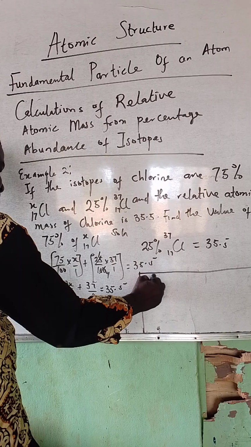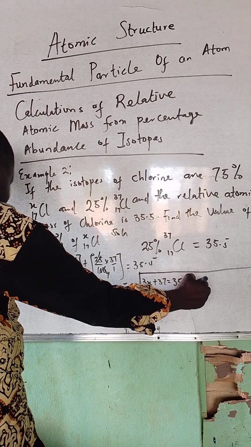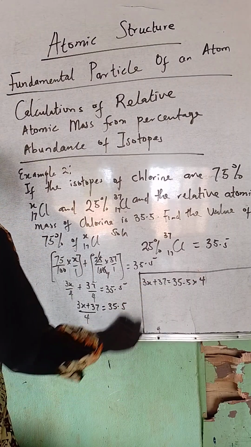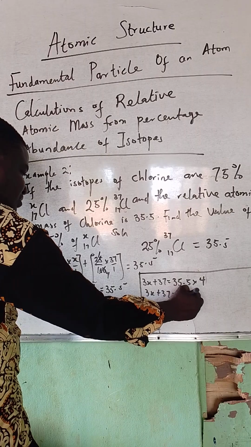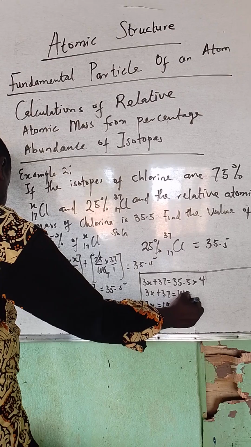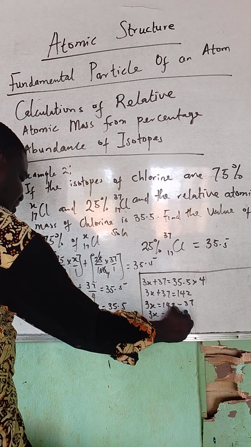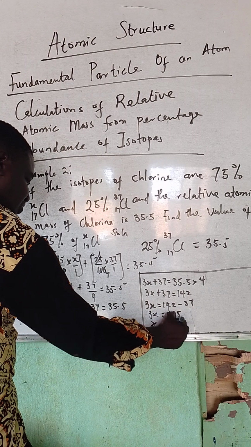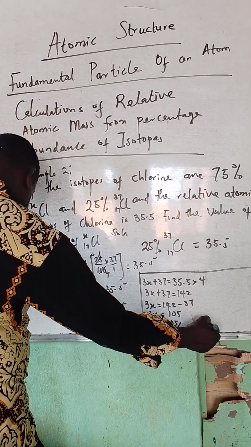That's 3S plus 37 is equal to 35.5 times 4, that's 142. 3S equal to 142 minus 37. That is 3S is equal to 105. S equal to 105 divided by 3, which is equal to 35.